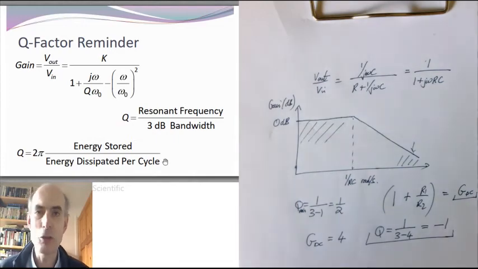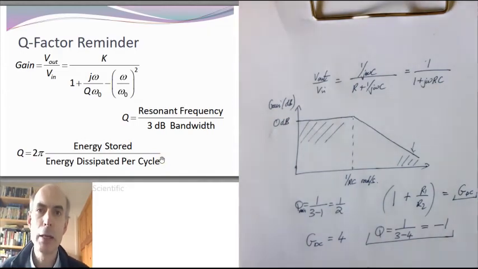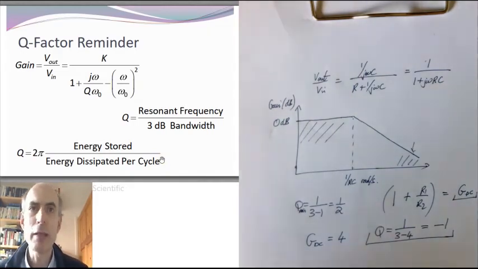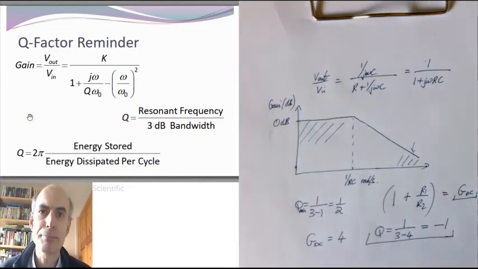That will cause heat to be generated in the resistor, which counts as energy lost from the circuit. And the ratio of the energy stored in a circuit to the energy lost per cycle is another way of defining and determining the Q factor of that network. If you have a negative Q factor, then either you're storing a negative amount of energy or you're dissipating a negative amount of energy per cycle. And you might like to wonder what that means.